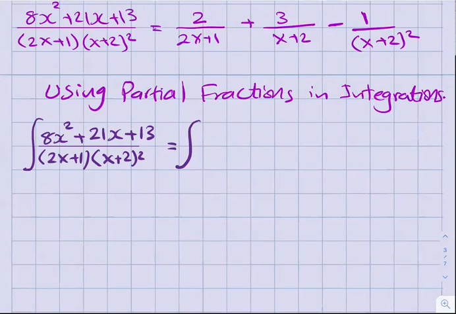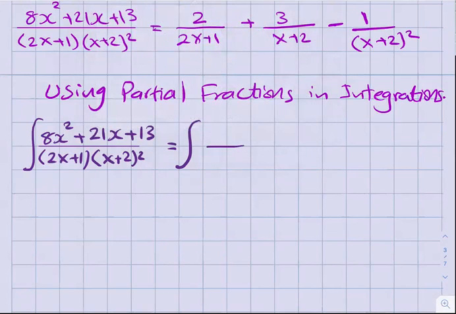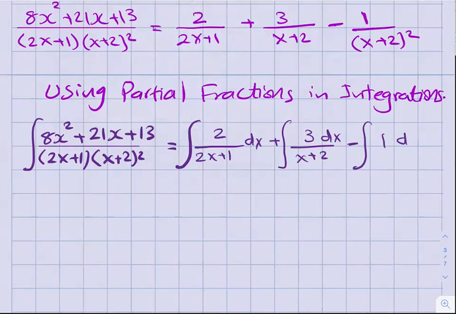We can make them separate, just to make life easier. So it's 2 over 2x plus 1 dx plus 3 over x plus 2 dx minus 1 over x plus 2 squared. So far, so good?